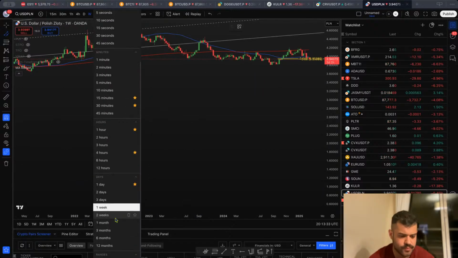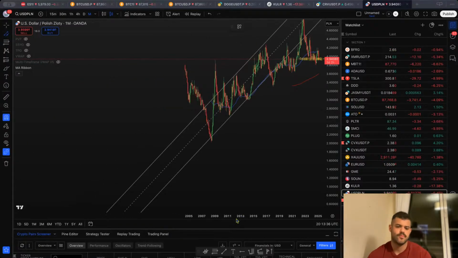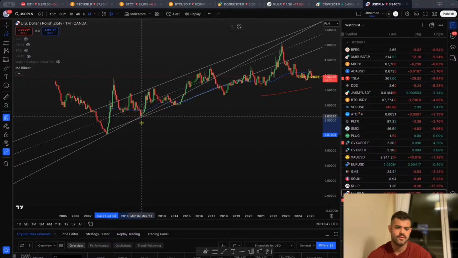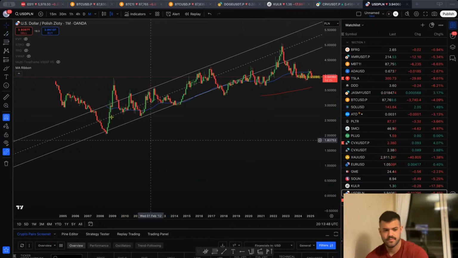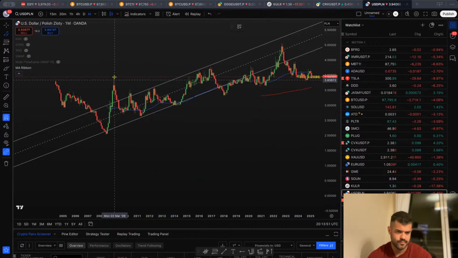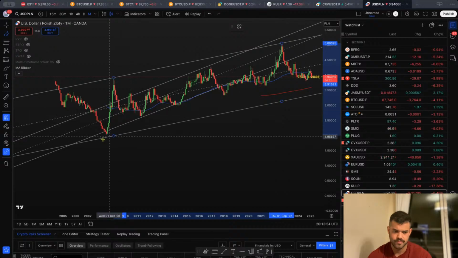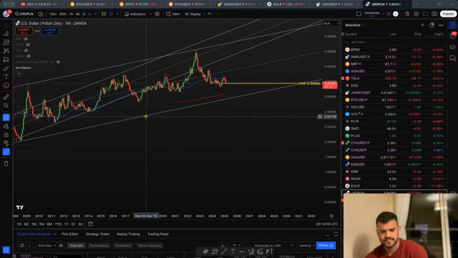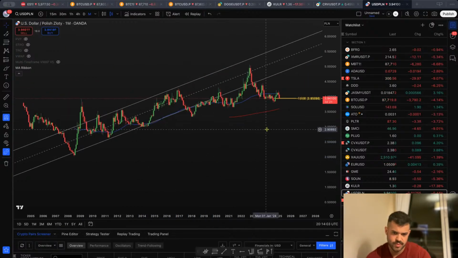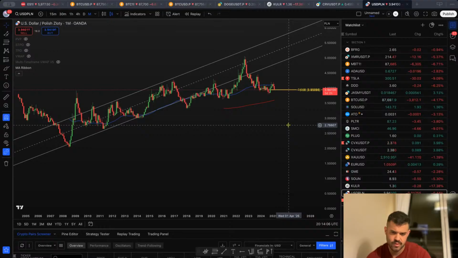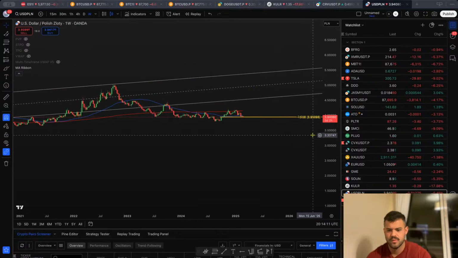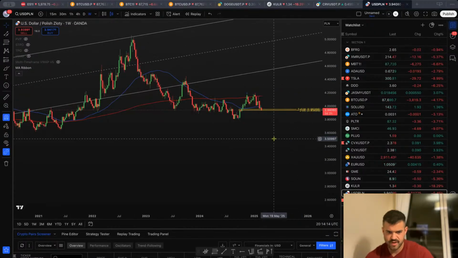Polish zloty, 1 month. There we go. That's going to be easier to see now, isn't it? No, I don't like that. I much prefer this. So, downtrending parallel channel. Okay, we formed a nice little range here.